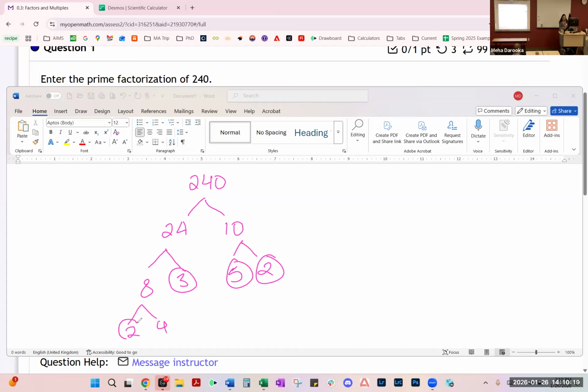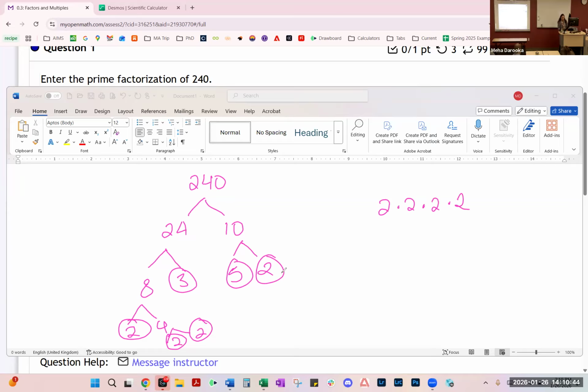So 2, of course, will close again. And then what about 4? 2 and 2. Okay, so let's list all the primes. I do like to go in order of smaller to larger, but my Open Math may not be that particular. So I'm seeing 1, 2, 3, 4 of the 2s.